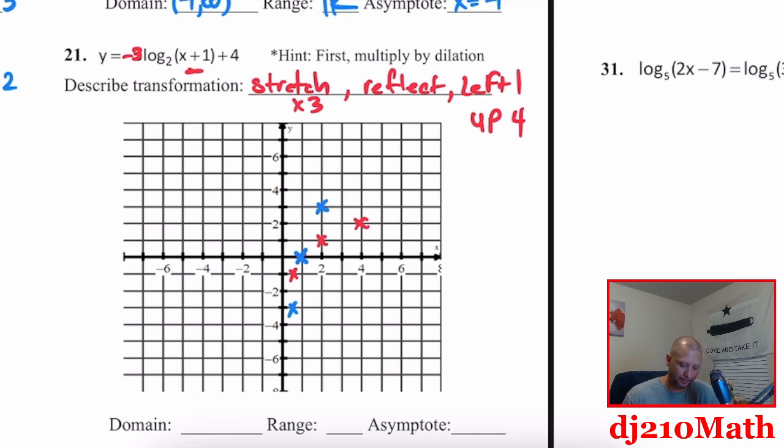That moves up. 2 times 3 is 6. Okay, so right now, the red X's that you see were the OG points, the original parent function points. The blue X's that you see are the stretching by 3. Now comes the reflection. Okay, this is going to be ugly because there's going to be X's everywhere.